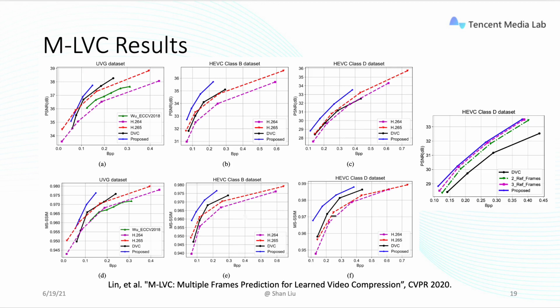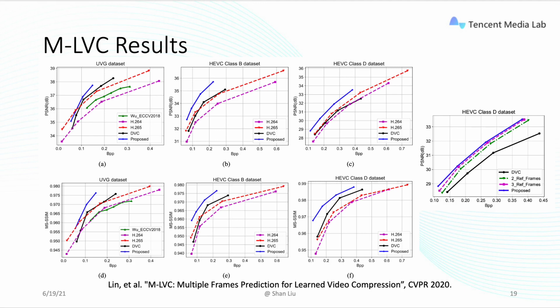This slide shows some results of the proposed M-LVC framework compared with previous work, DVC, H.265 and H.264. It can be seen that the proposed M-LVC framework outperforms DVC in all cases by taking advantage of using multiple reference pictures. And the chart on the right compares compression performance when using different numbers of reference frames.